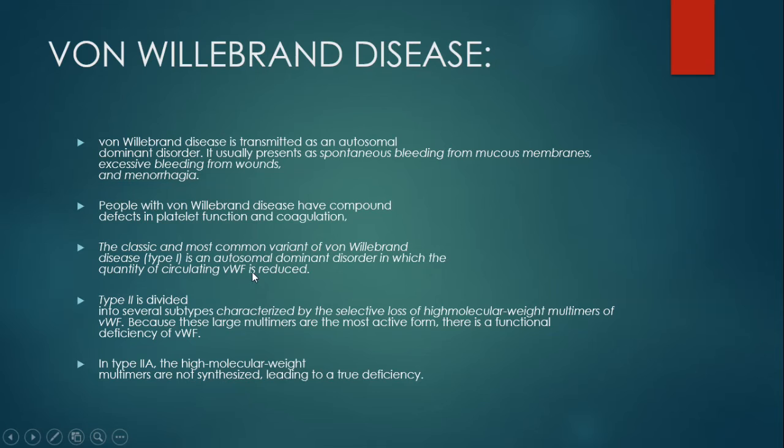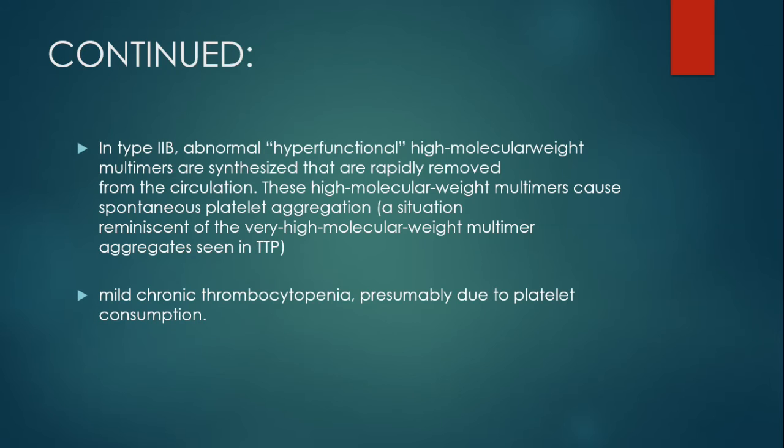In type 2A, a subtype of type 2, the high molecular weight multimers are not synthesized, leading to a true deficiency. In type 2B, there is an abnormal, hyperfunctional VWF. What is hyperfunctional? High molecular weight multimers are synthesized but are rapidly removed from the circulation.